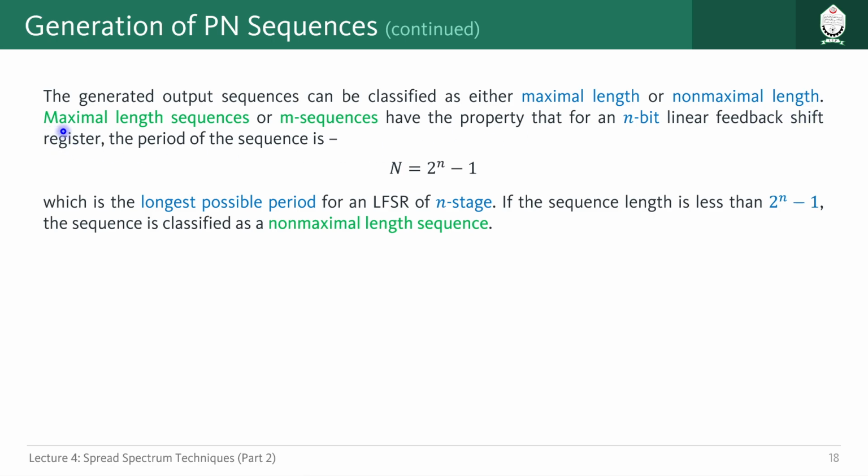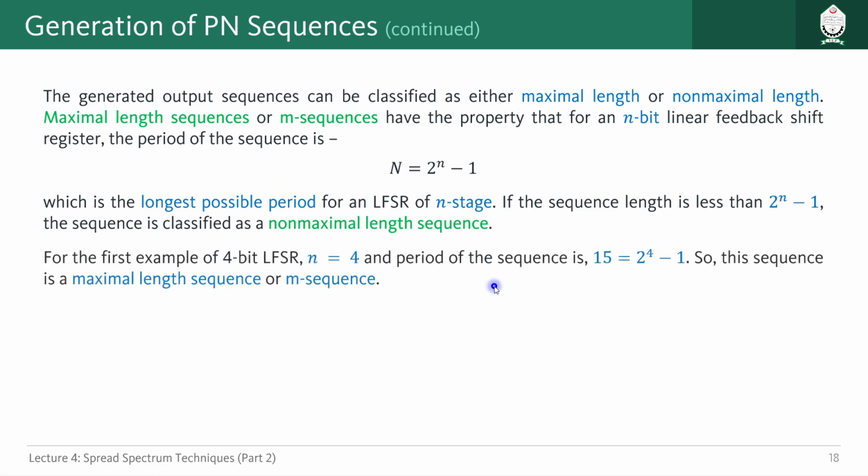And here the maximal length sequences, also called M sequences, have the property that for an n-bit LFSR, the generated sequence will have the period 2 to the power n minus 1, which is the longest possible period for an LFSR with n stages. Okay, that's why it's called maximal length sequence. And if the sequence length is less than that, then we call that a non-maximal length sequence.